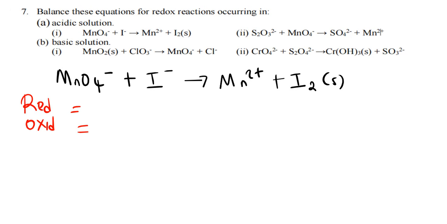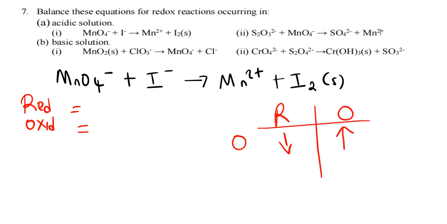Every time there's a loss in oxygen, that is reduction, right? The way we define reduction and oxidation just depends on how you want. If you look at oxygen, reduction is a loss in oxygen, and oxidation is an increase in oxygen. If you define it in terms of electrons, reduction is the gain of electrons and oxidation is the loss of electrons.